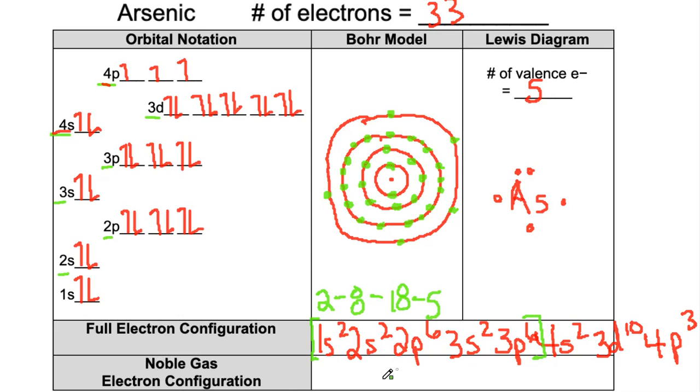And instead of writing all of that stuff, I could just put argon in brackets. And then after the brackets, whatever's left. So in this case, 4s2, 3d10, and 4p3.